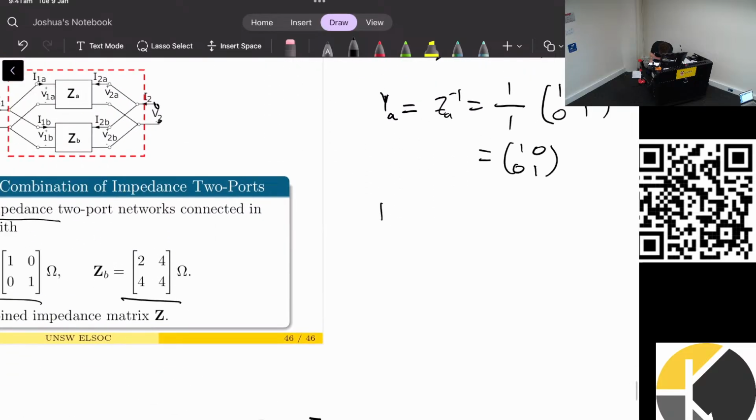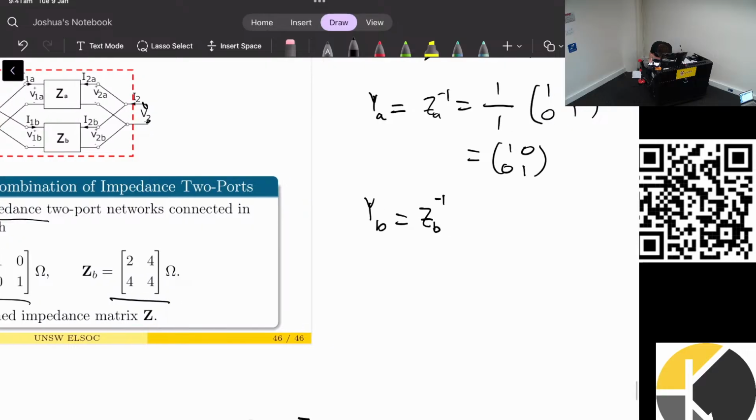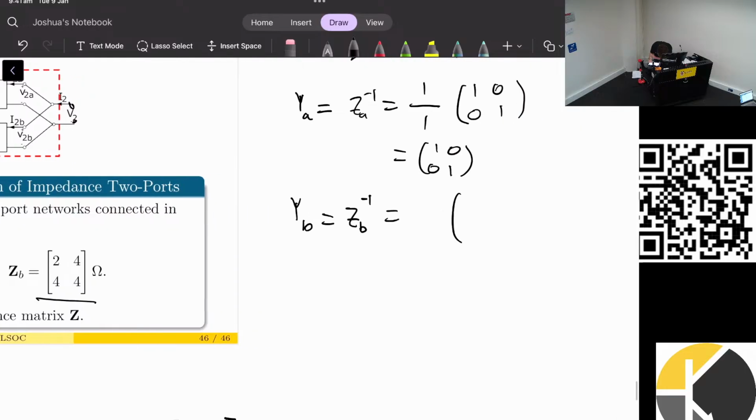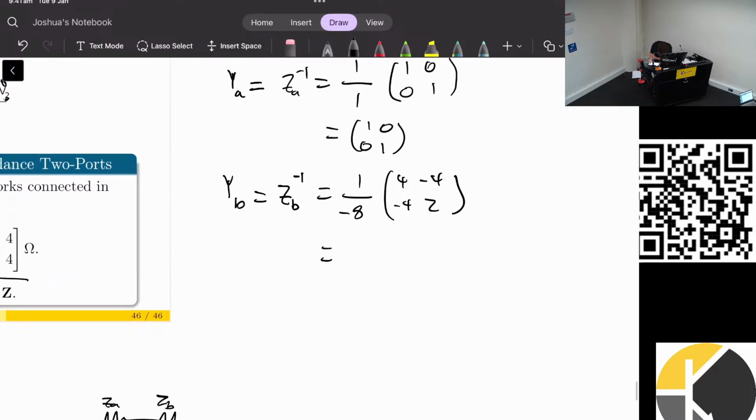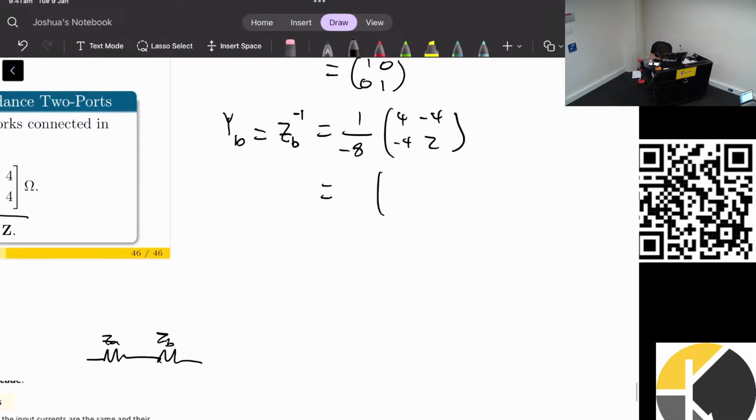Now, for YB, swap the diagonals, switch the sign of the off diagonals, and you divide by the determinant. That is correct. And can anybody tell me the determinant here? Minus.